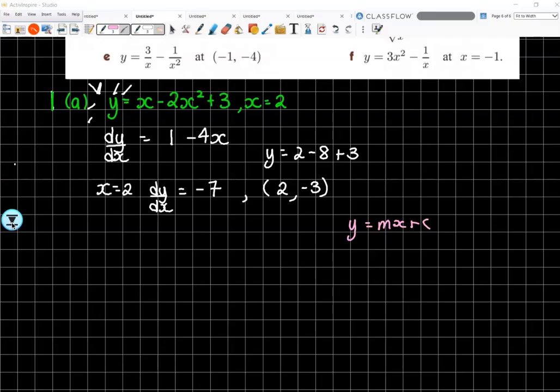So remind you, we do this. Minus 7 over 1. Yeah? Equals, what's our slope formula? y1 take y2. So it's going to be y minus my y value. So plus 3 all over x minus 2.